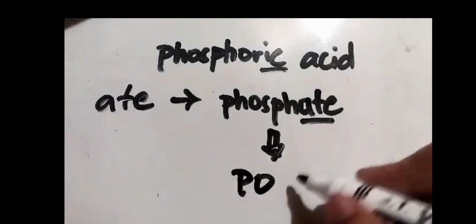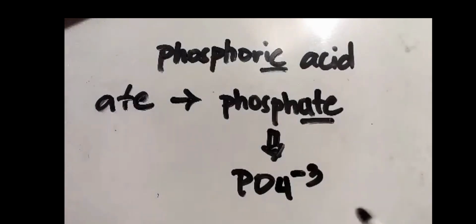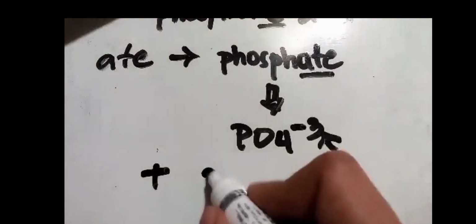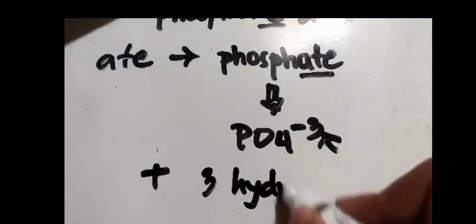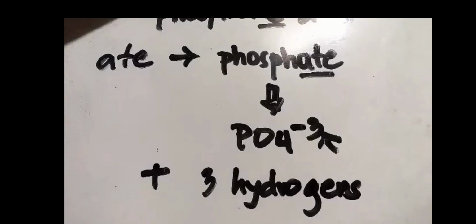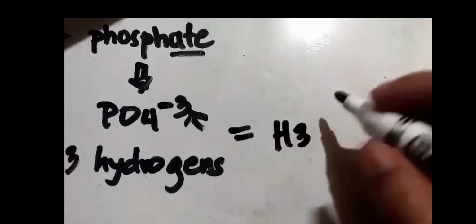Now if we look at the negative charge, since it has a negative charge, we must add 3 hydrogens to it in order to neutralize the negative 3 charge. Since each hydrogen ion has a plus 1 charge, we simply add the 3 hydrogens to it, put them in front, and that's how we can write the formula for phosphoric acid, which is H3PO4.